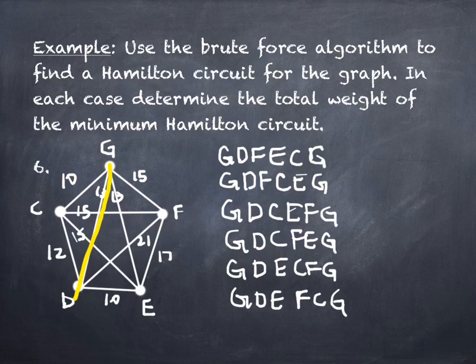And then I need D to F, that's this piece, that's 21. I need to E, which is 17, over to C, which is 15, and then back to G, which is 10.